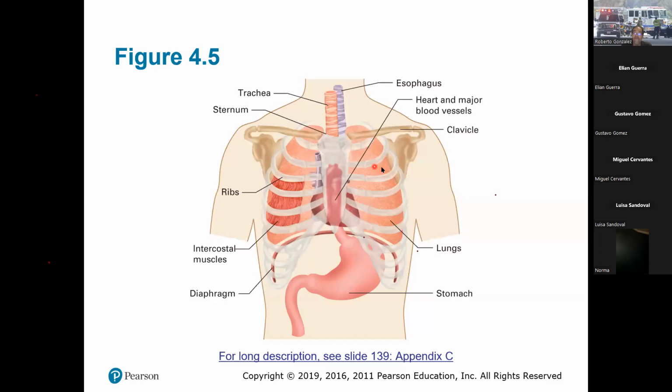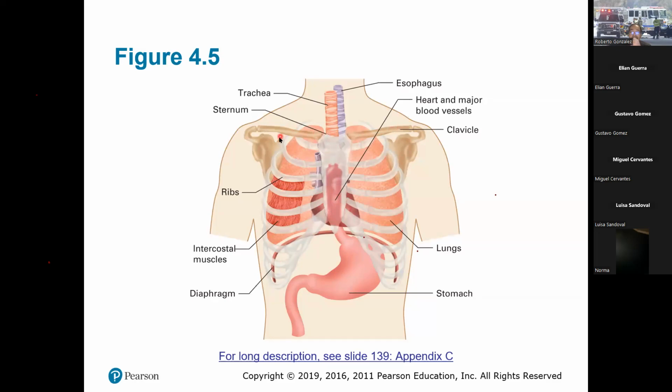You have your lung tissue, the heart itself. Of course, this is the middle portion, which is the sternum, and the esophagus that goes all the way to the stomach. Then, of course, you have the bones: the sternum is connected to the clavicles.